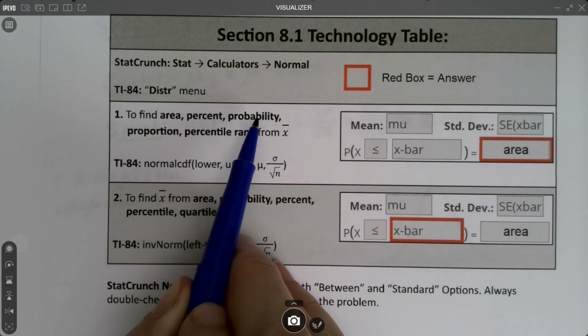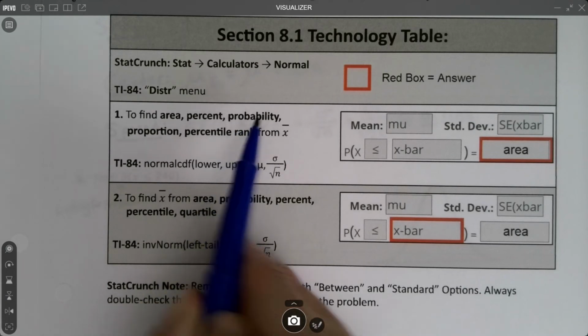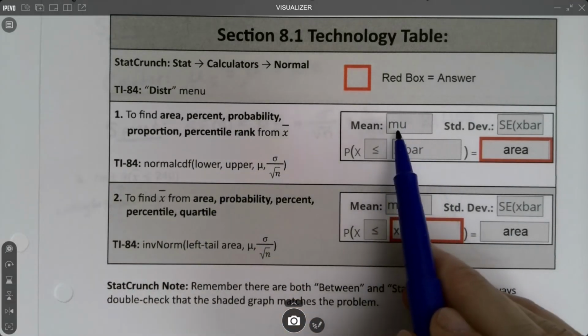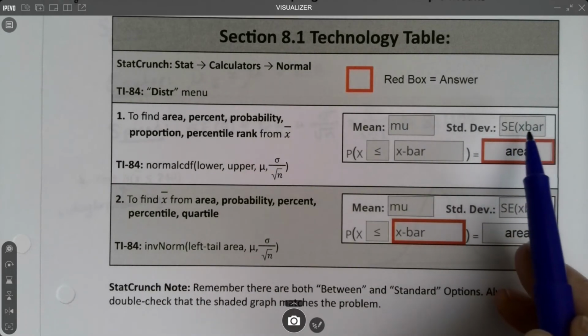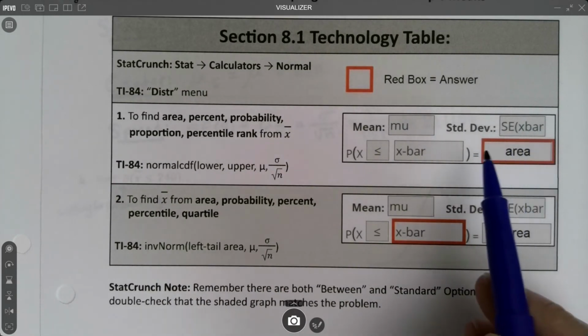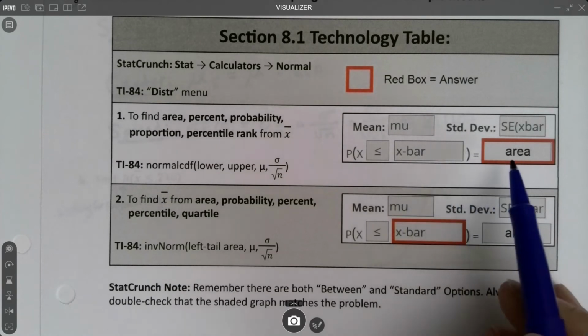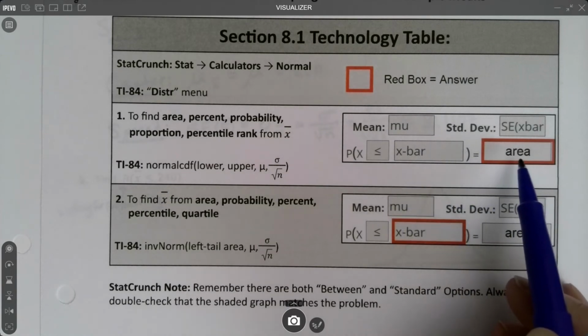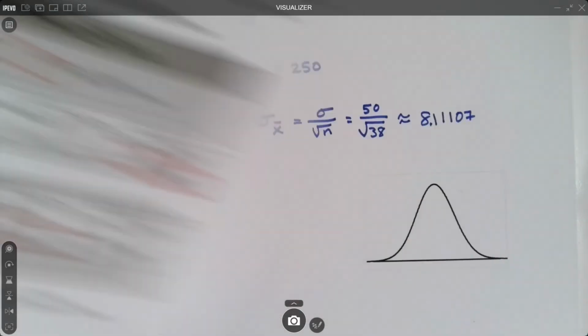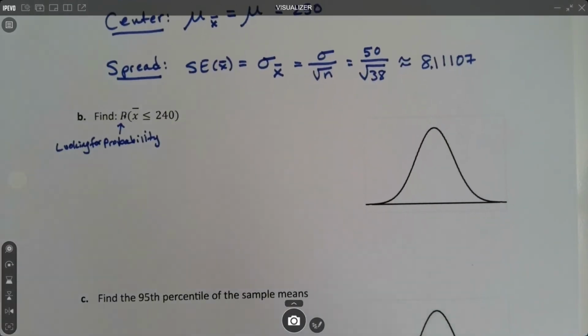So if I want to find the probability, which I do, I'm going to put my mu in and the standard error of my x bar in. And then I'm going to tell it the x bar here, and it will find the area. It will find the probability, right? Because underneath a normal probability curve like this, the area is the probability. Okay, so let's go to StatCrunch and do that.